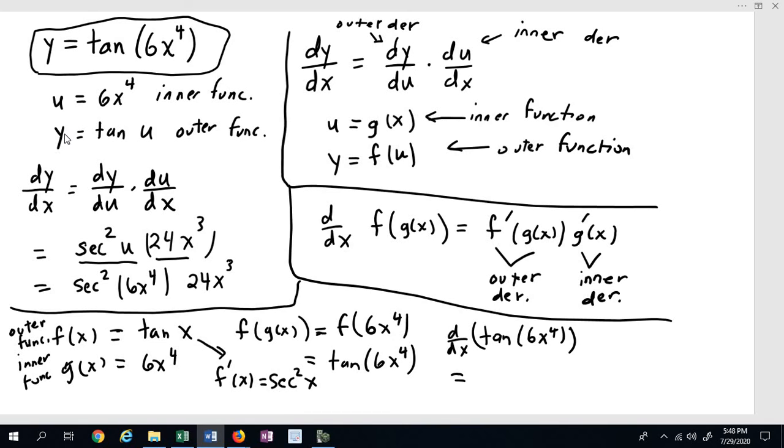So notice this is f prime, but it's evaluated at g of x. So f prime of, and then g of x is 6x to the 4th. And so notice that you get tangent, or sorry, secant squared of 6x to the 4th.